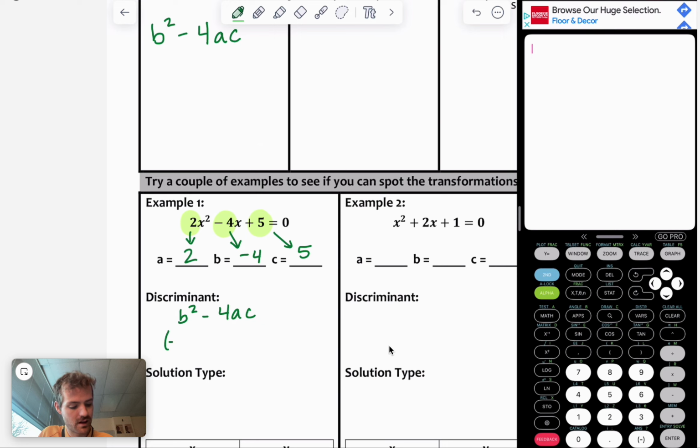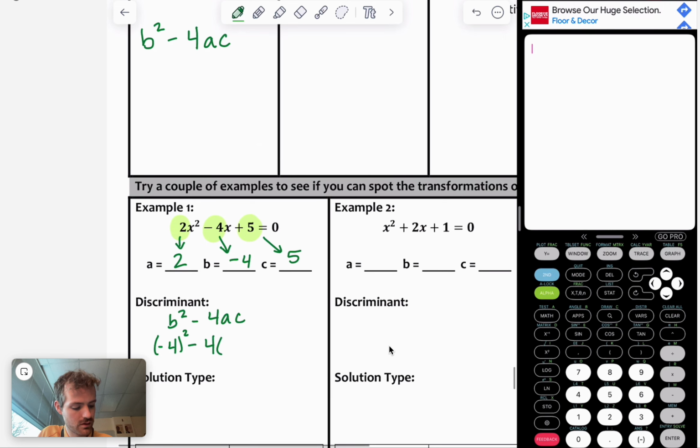This becomes (-4) squared minus, and then I see 4 times a, but we know a is actually the number 2. So instead we're going to think 4 times 2. And then same thing with c. Our c value is 5, so 4 times a times c becomes 4 times 2 times 5.